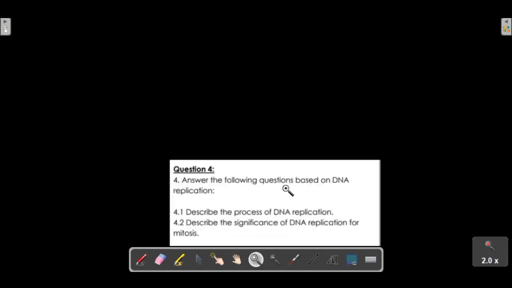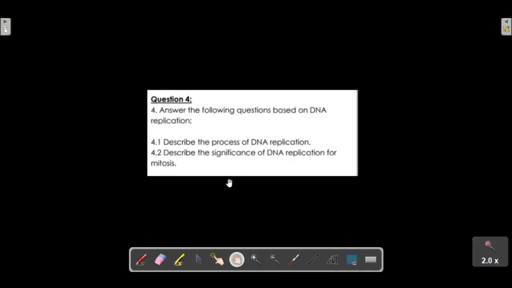And of course the significance of DNA replication for mitosis. We said that DNA replication doubles the genetic material so that each daughter cell receives the same amount of DNA, or the identical DNA.